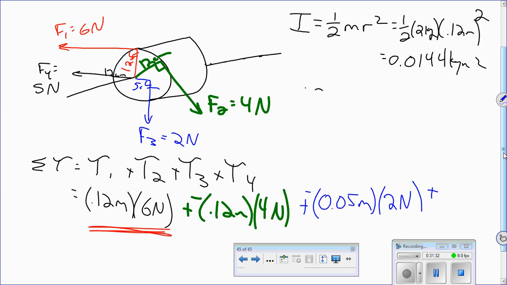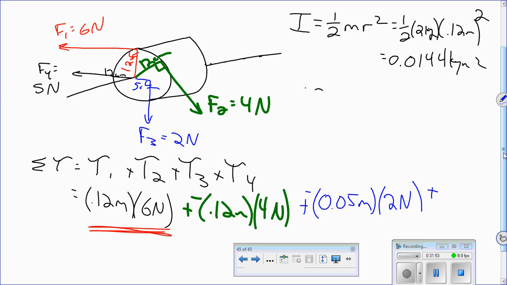Follow? So these are all times the sine of 90, right? In this last one, what's the angle between my radius and my force? 0, right? Okay, and sine of 0 is 0, right? That force right there is this.